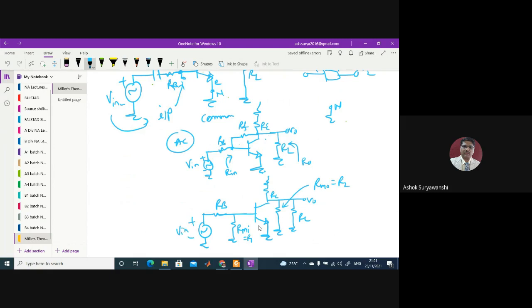So now you can visualize from this side what is going to be Rin and what is going to be R0. Now what is the value of RMO and what is the value of RMI?